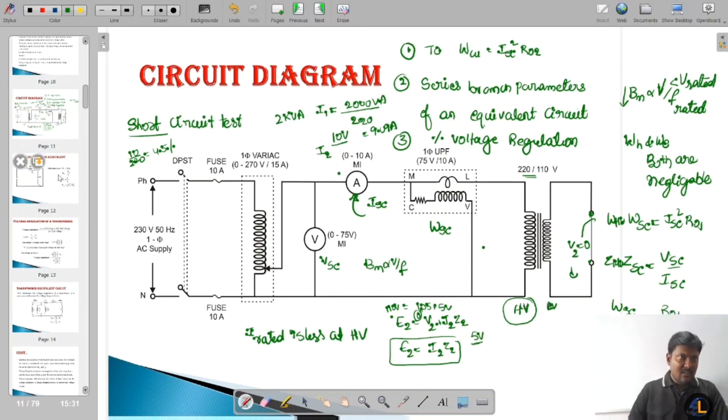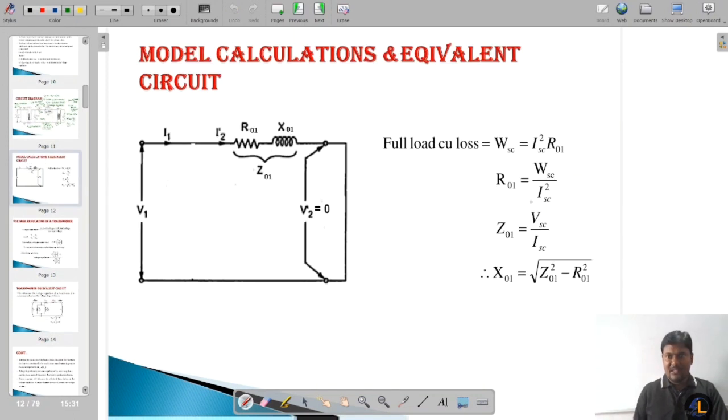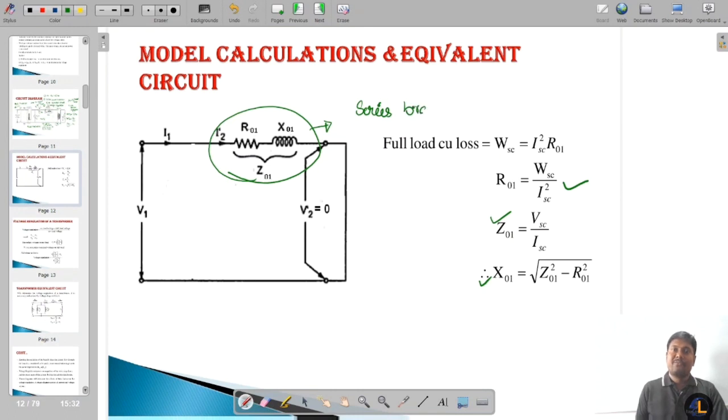Z01 is calculated and X01 is also calculated. The second objective is over. We have calculated the series branch parameters of an equivalent circuit.